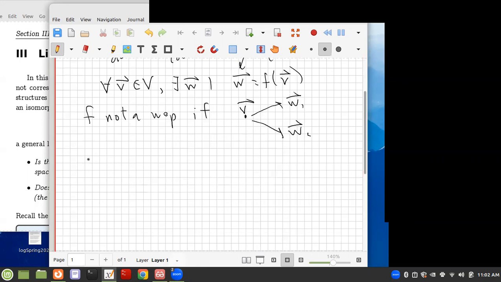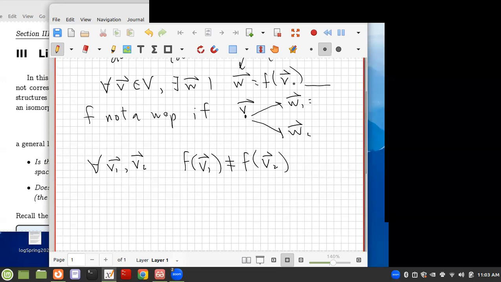For every two vectors v1, v2, if f of v1, that would be w1, is not equal to f of v2, right? So you can't have this. This is ruled out.